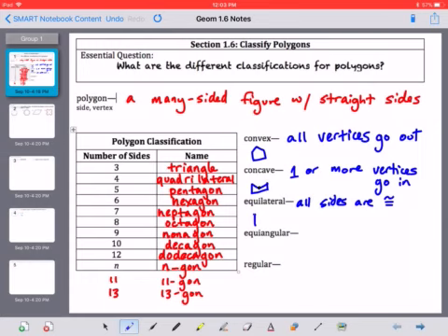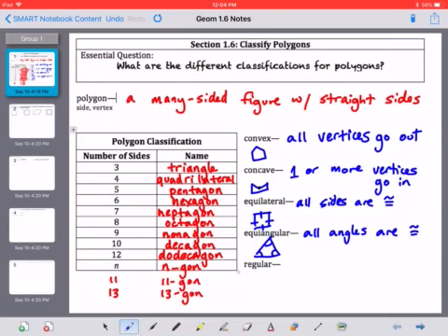So, for example, a square is equilateral because all the sides are the same length.